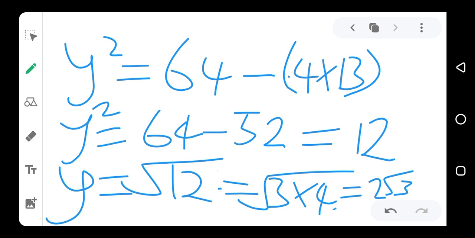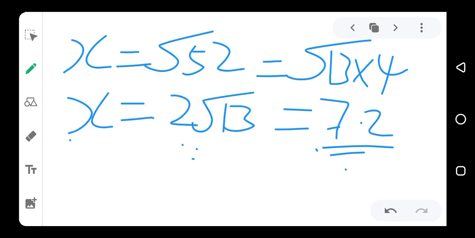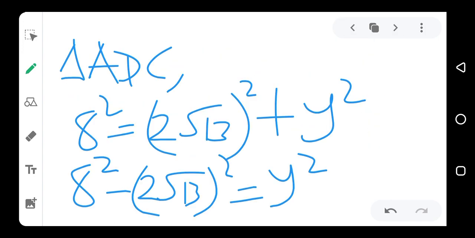Now this is going to give us 2 root 3 as the answer. So we have that our y is equal to 2 root 3, while our x is 2 root 13, and the other one is 2 root 3. Okay.